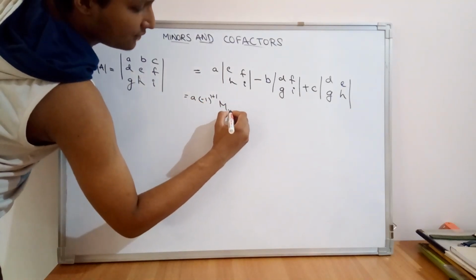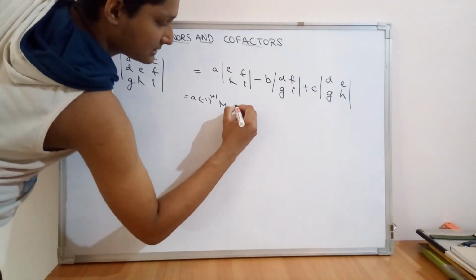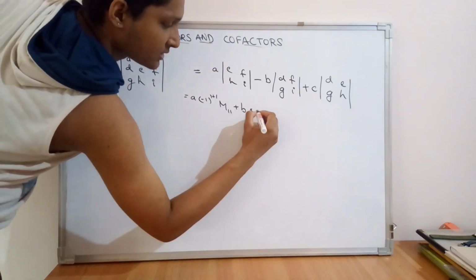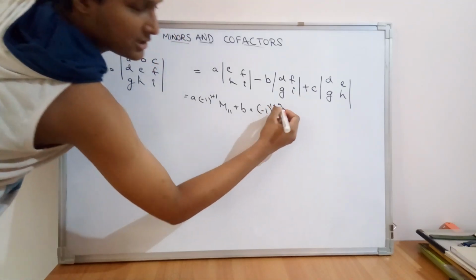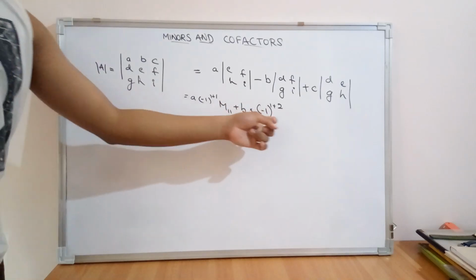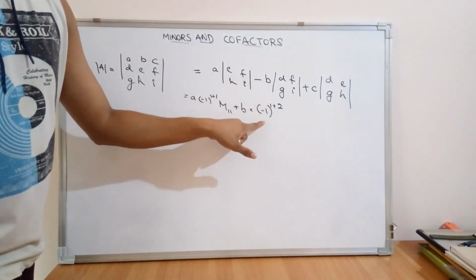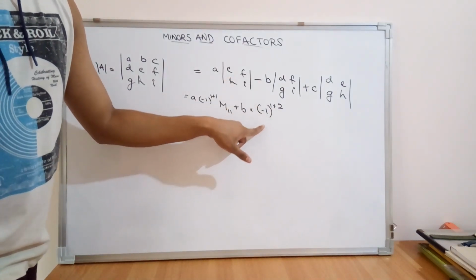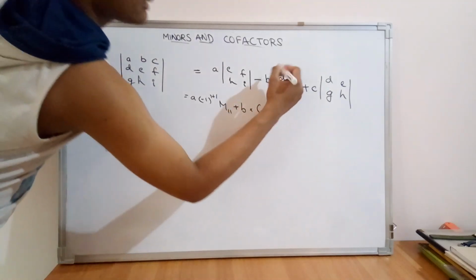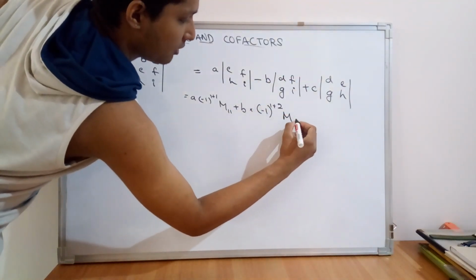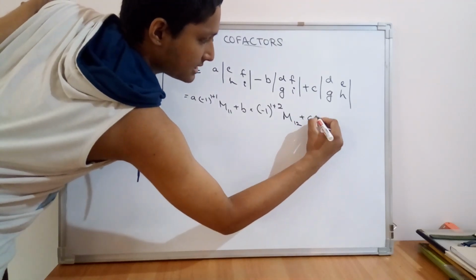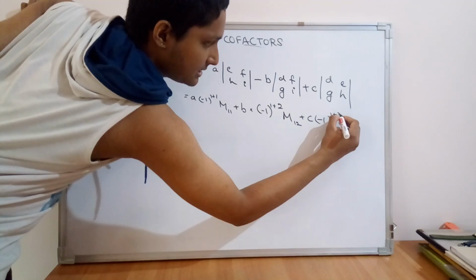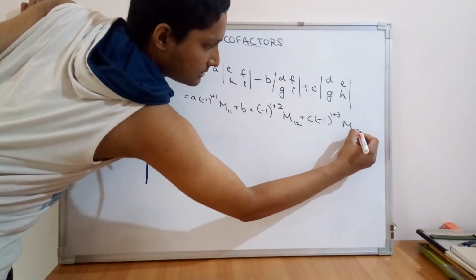So it is going to be my M11, then plus B into minus 1 whole raised to 1 plus 2. That is first row, second column, that's why I am going to take this. So this minus sign is included in this because it is minus 1 whole cube. And this is the minor of the element 1, 2. Then again C, minus 1 whole raised to 1 plus 3, and the minor 1, 3.